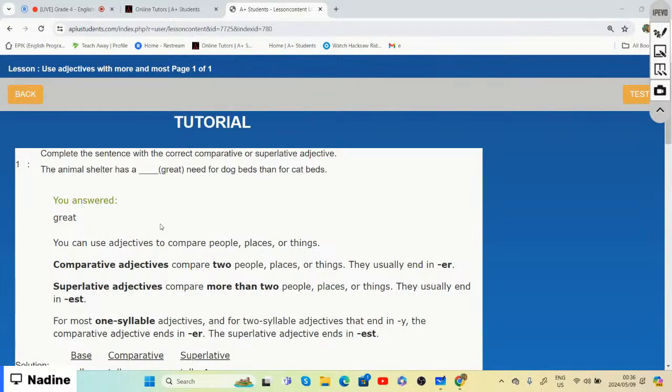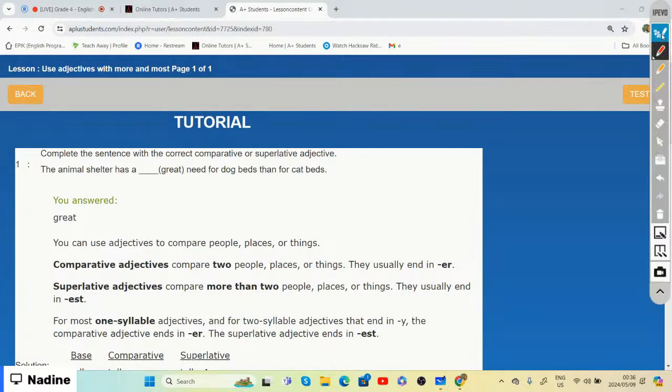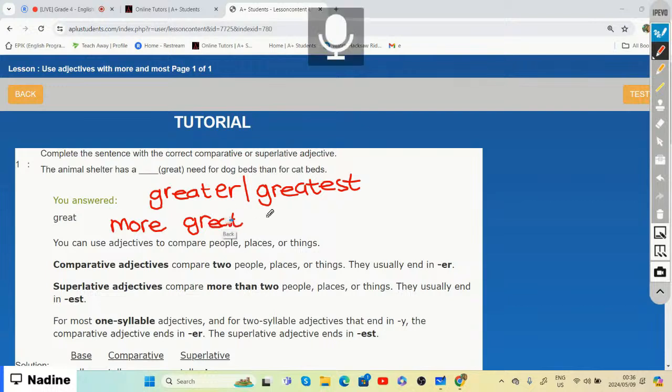Are we going to say that the animal shelter has a greater need, or the animal shelter has a greatest need, or a more great need, or most great need? What is the correct adjective over here?